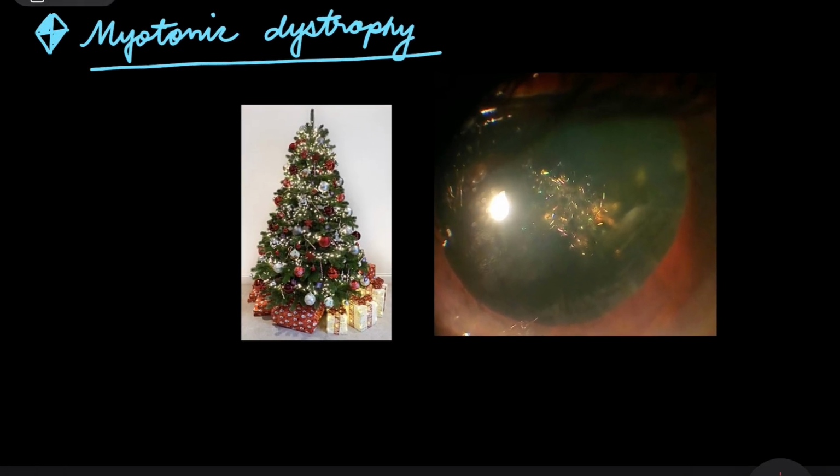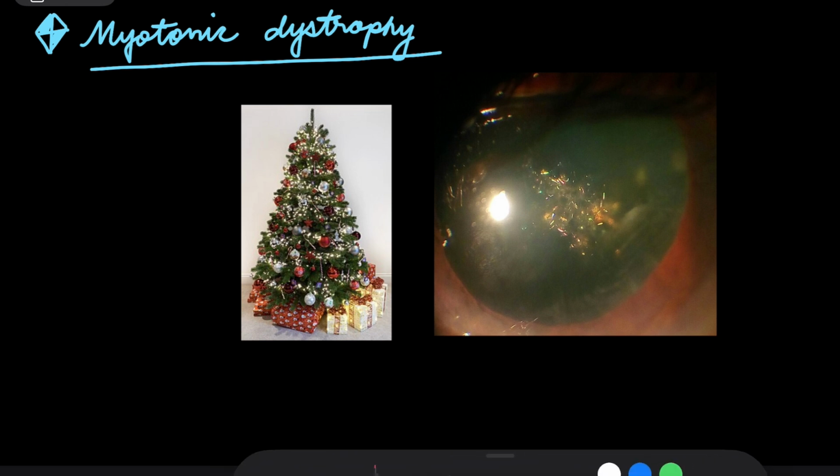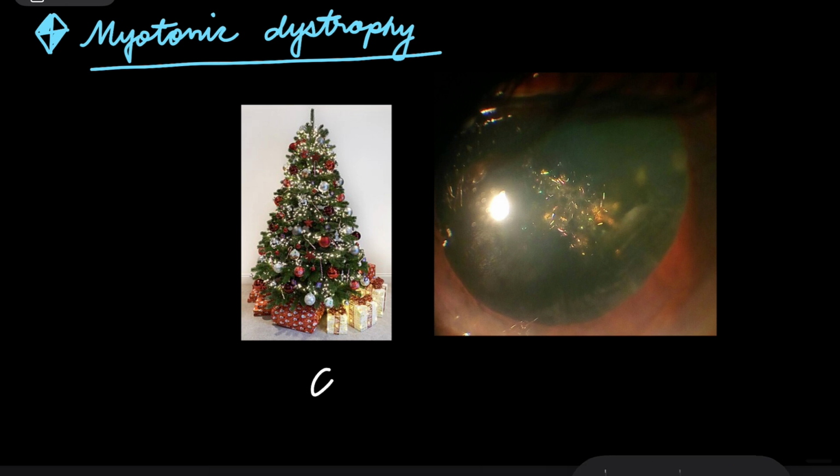Pretty simple, myotonic dystrophy. In myotonic dystrophy, you can see a very characteristic form of cataract. Again, a very sweet name has been given for this: Christmas tree cataract.